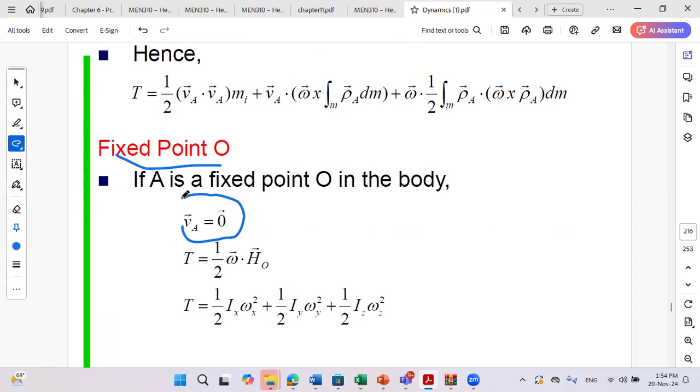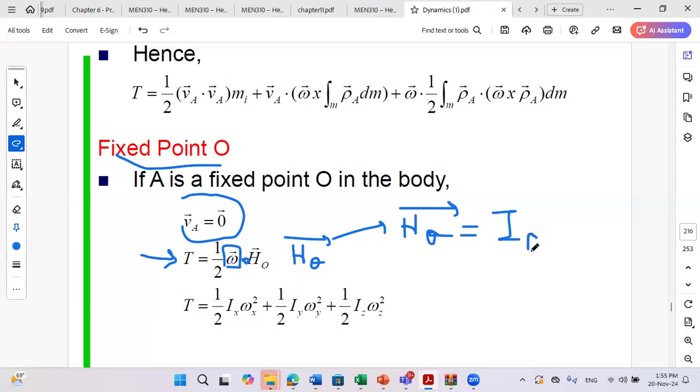We can prove that in this case, the kinetic energy can be computed simply as half omega, the total angular velocity vector, dot product with the angular momentum about point O. And in case O is fixed, as we have seen before, the angular momentum about O is related to IO times omega vector.